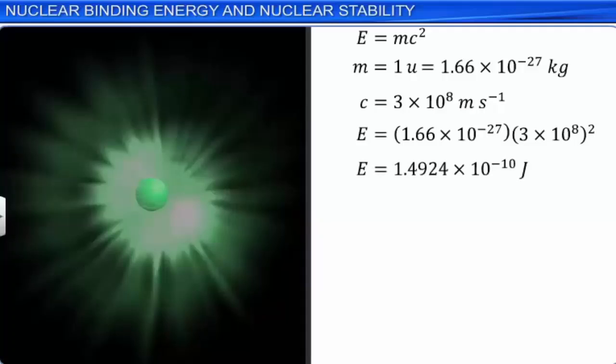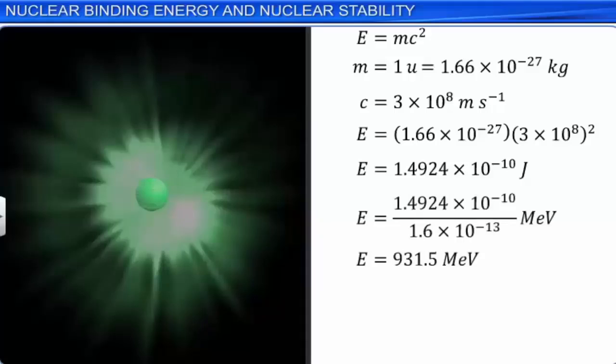which can also be expressed as 931.5 million electron volt. Let this be equation 1. For a mass of 1 AMU, the energy equivalent is 931.5 million electron volt.